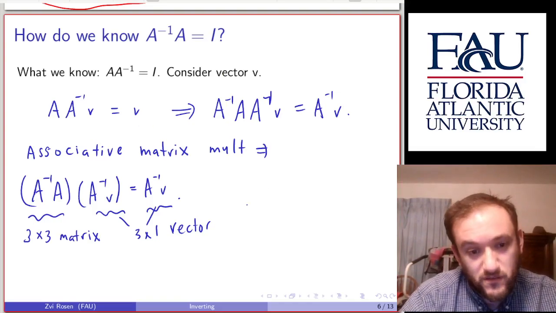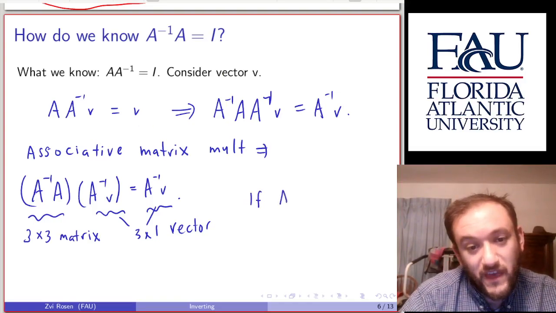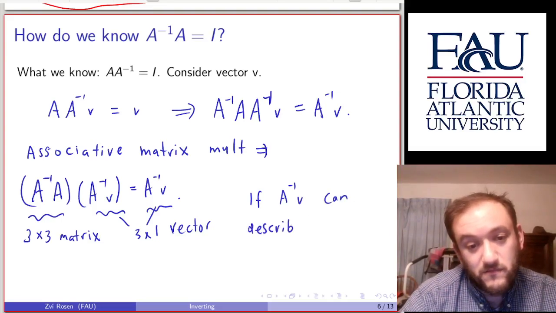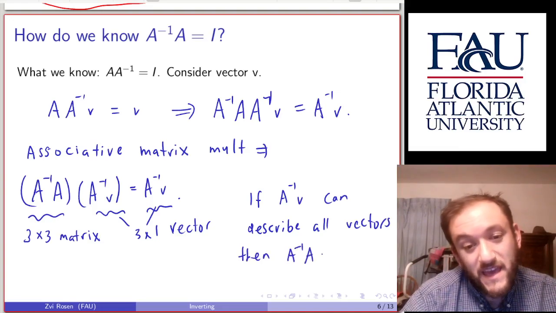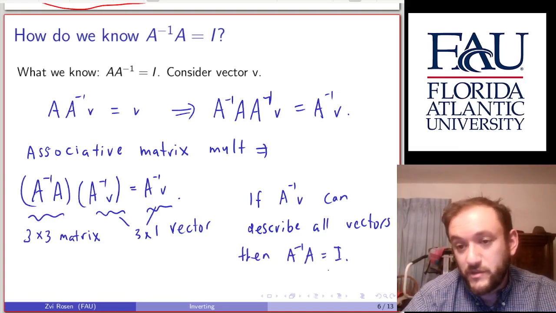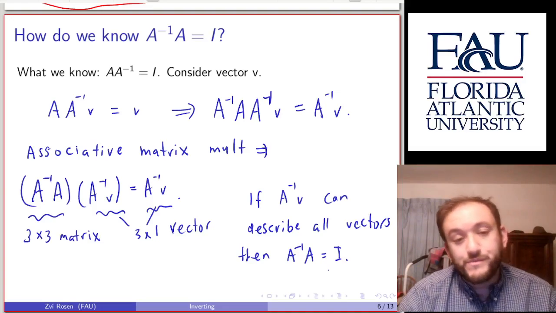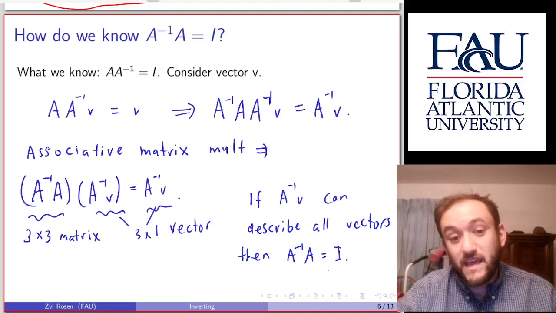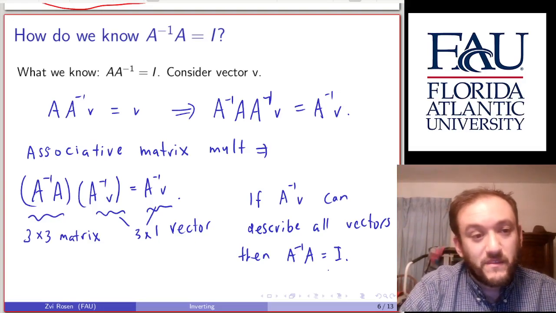So if A inverse v can describe all vectors in your space, then we can say conclusively that A inverse A is also the identity matrix. So we have that A A inverse is the identity matrix, and A inverse A is the identity matrix.